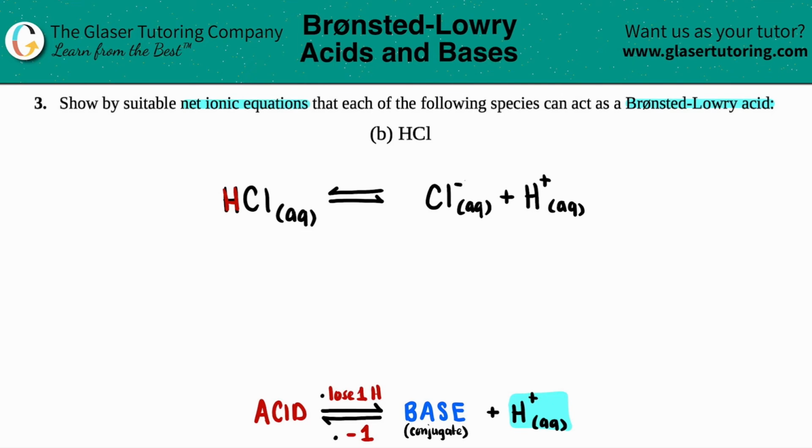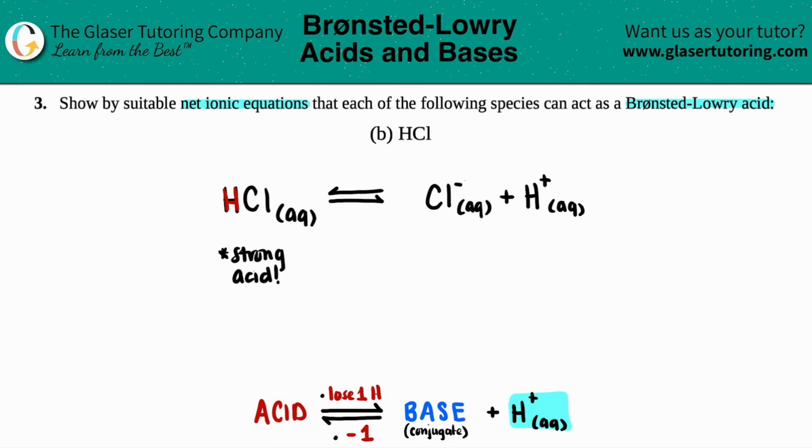And now, if we want to cross our T's and dot our I's, we should notice that HCl was a strong acid. HCl is part of our strong acid list. Remember, there's 6 total strong acids and 6 total strong bases. If you have a strong acid, which is what HCl is, it will not be in equilibrium.